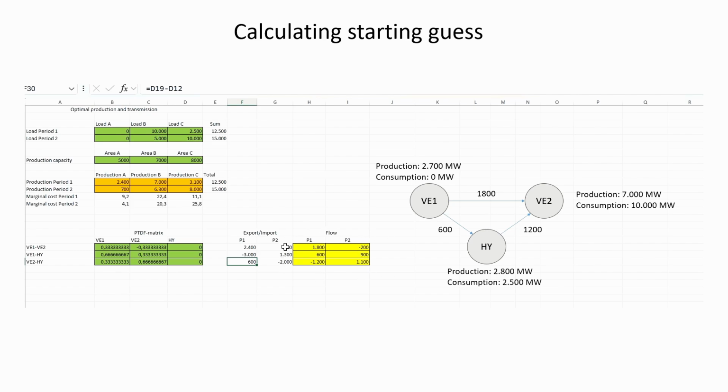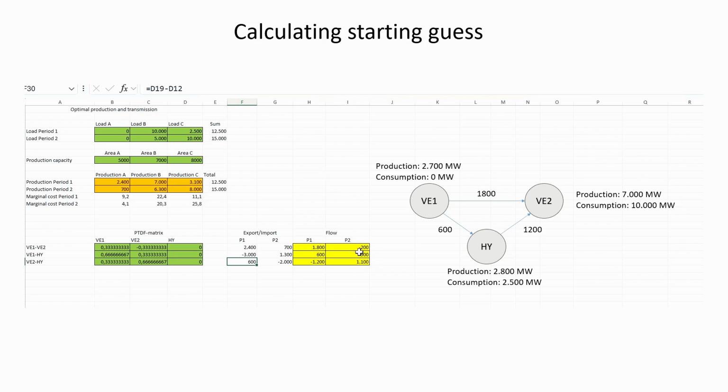When I make this the starting guess, I can say that in this line, the line V1 to V2, if I have a maximum capacity of 1800 megawatt, then it is possible to transport the flow that I need to transport.